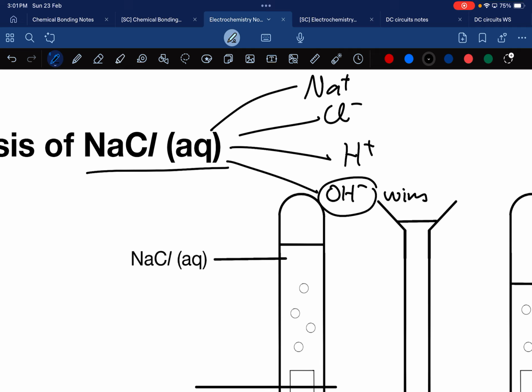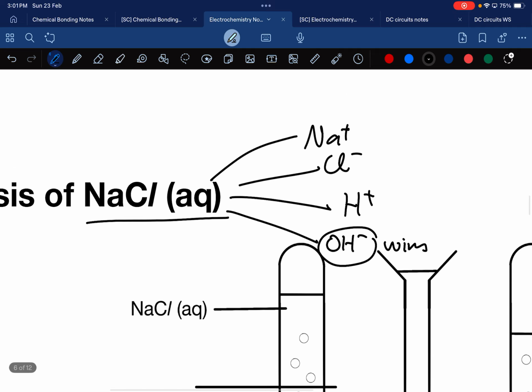Okay, then, Na plus versus H plus. Who takes priority, sodium or hydrogen? Who will be preferentially discharged, Na plus or H plus?